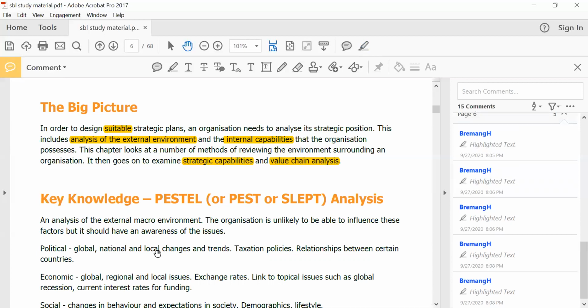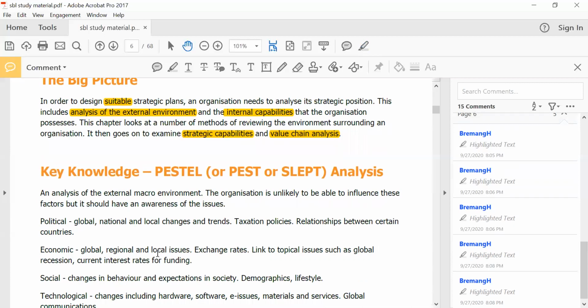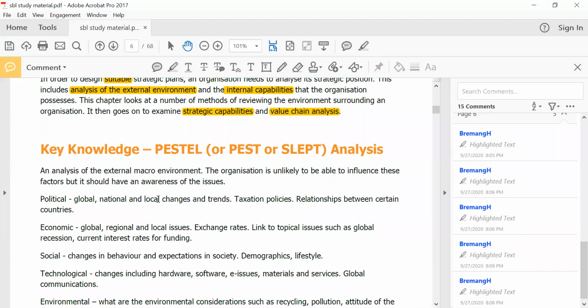So we start. In looking at your environment, we cannot do away with one model called the PESTLE analysis. If the organization is looking at its impact on the environment, we can look at what we call PESTLE analysis. Key knowledge: PESTLE, sometimes called PEST, sometimes called SLEPT by some providers, is an analysis of the external macro environment.